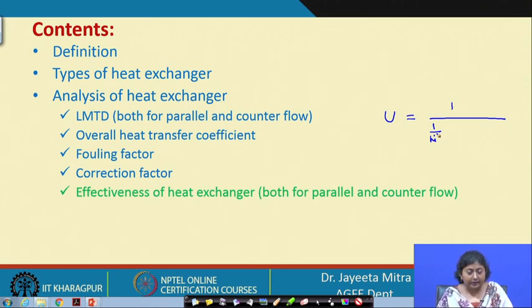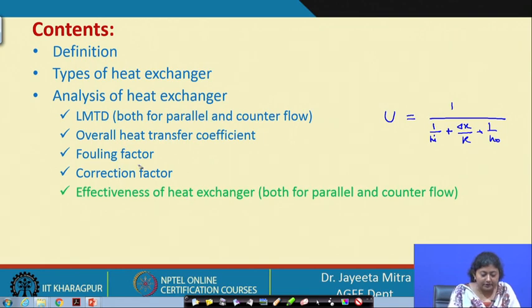When area is the same, we can express this in this fashion if it is a plate; otherwise we need to consider the equation for a cylinder. If it is a tube, that is ln of Ro by Ri divided by 2 pi k L, where L is the length of the tube, and Hi is the inner side convective heat transfer coefficient, and Ho is the outside convective heat transfer coefficient.